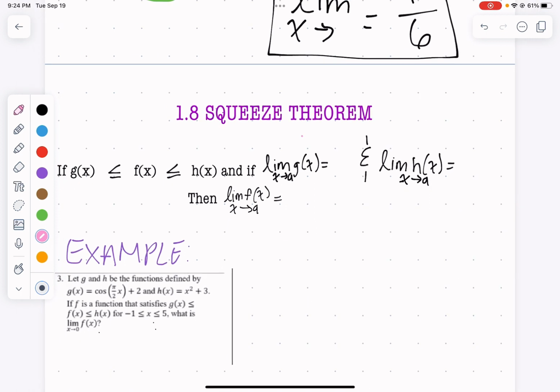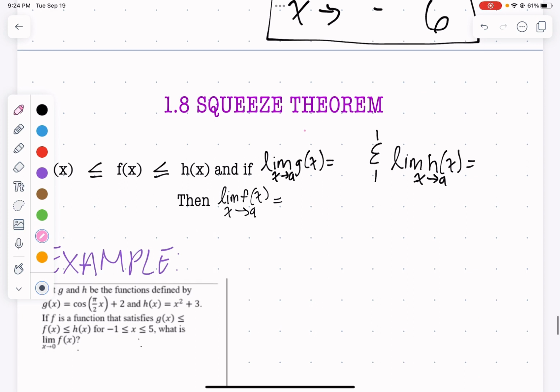If f of x is greater than or equal to g of x and less than or equal to h of x, and if the limit of g of x as x approaches a equals L, and the limit of h of x as x approaches the same a equals the same L, then the limit of f of x as x approaches a, the function that's squeezed in between those two, is that same value also. Very important to understand.